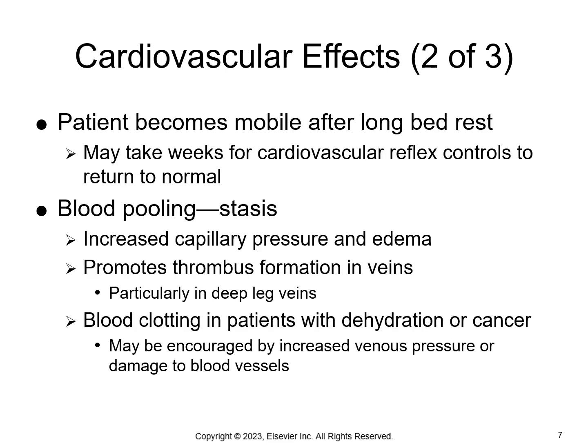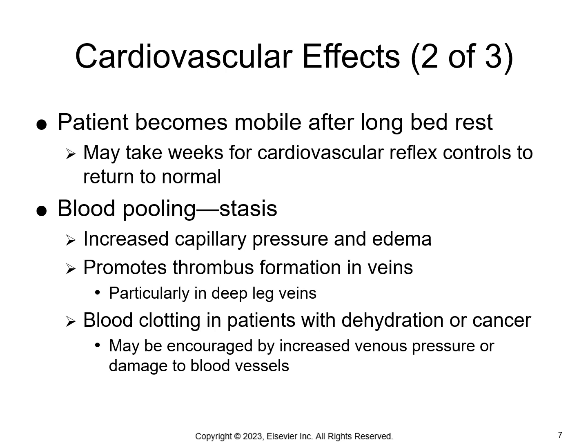So when the blood pools, we call this stasis. There's an increase in capillary pressure and edema in the dependent areas of the body, like the legs if someone's sitting like in a wheelchair, or the coccyx if someone is laying in bed. With blood pooling, what do we worry about? Thrombus or blood clot formation in the veins, especially those deep leg veins.